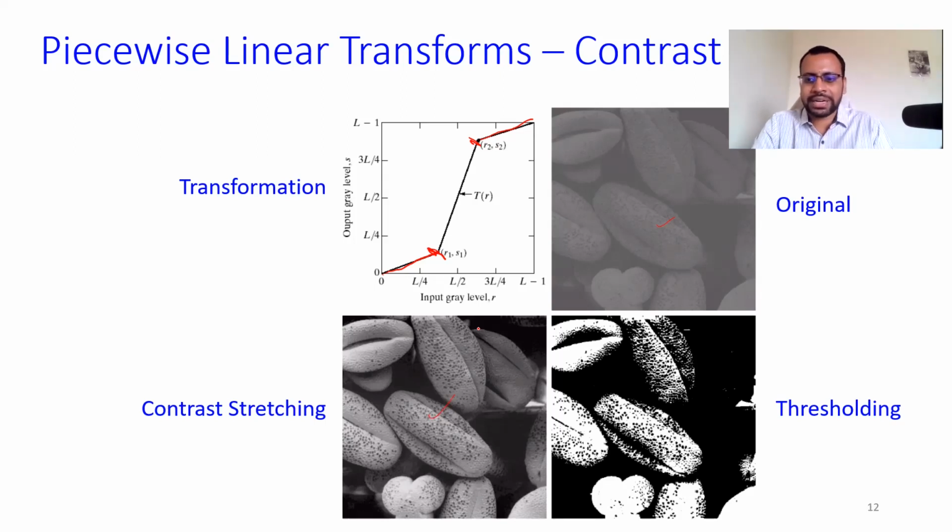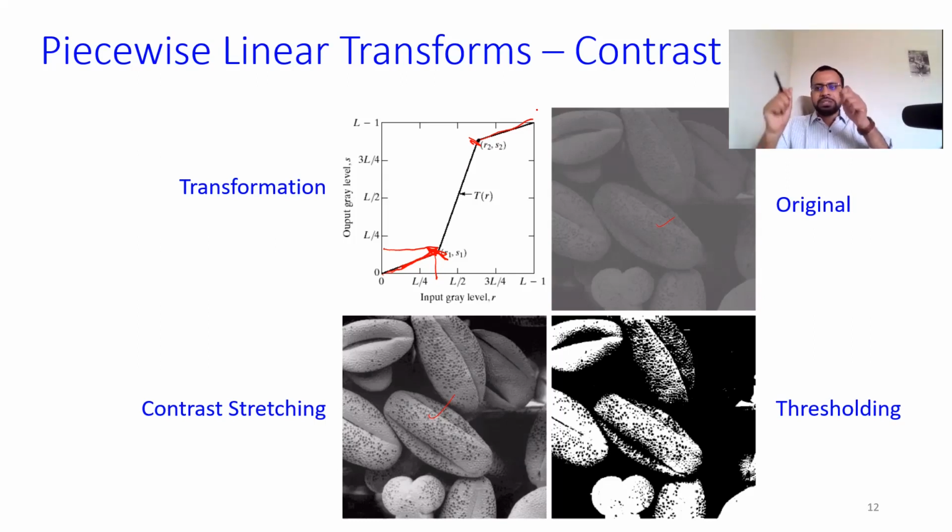Okay, thresholding part anyway, I will come to that a little later. This is referred to as a piecewise linear transform, because unlike the gamma, where it is kind of a polynomial one you are applying, this is a linear transformation happening between, let's say here, if you look at it, so the small range is getting mapped to a large range with some particular slope, and the slope has changed here.